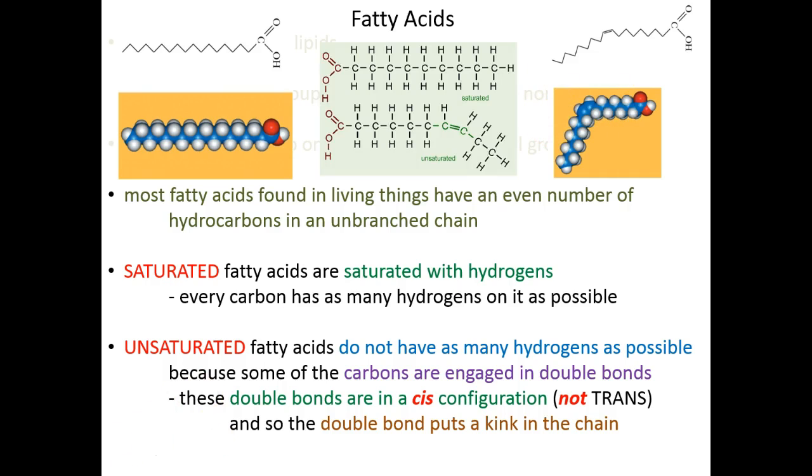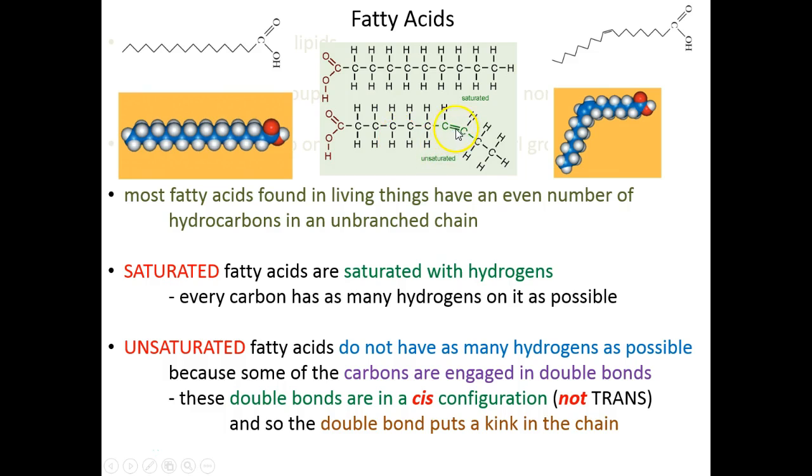We can get a better look at that by seeing more of a schematic representation of these. Here on the top of this diagram represents a fatty acid like the one on the left, and you can see what we mean by saturated. Every single carbon is holding on to as many hydrogens as it possibly can. That unsaturated fatty acid is shown here below, just like the unsaturated fatty acid on the right.